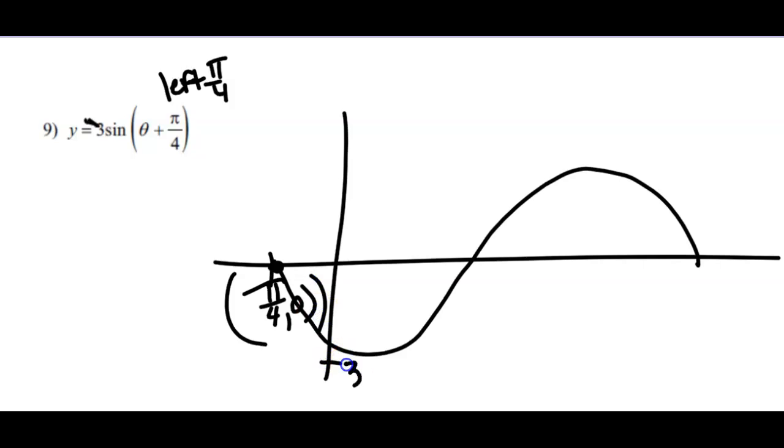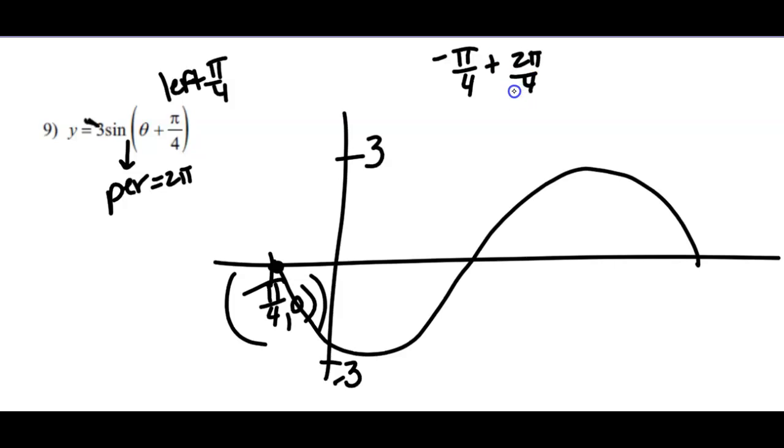And the amplitude is 3, so it goes from a negative 3 to a positive 3 because there's no vertical shift. Now, from negative pi over 4, the period is 2 pi because the b value is just 1, so we're supposed to add the period divided by 4, which would make the next quarter point happen at 1 pi over 4. And then if you add another 2 pi over 4, you'd be at 3 pi over 4.